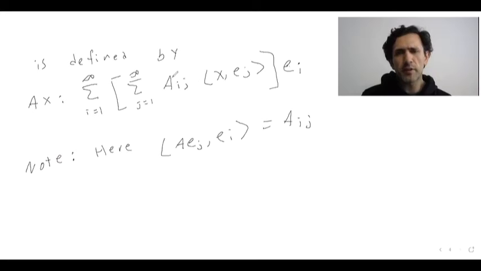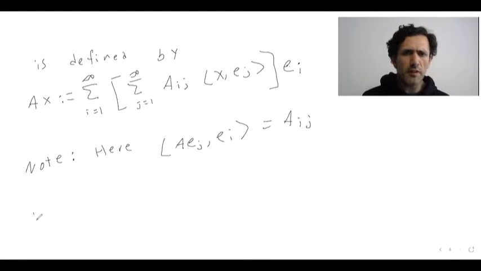Here we're saying, in fact, if we just have complex numbers Aij where this is true, then the operator Ax defined by this sum here is bounded, and in this case, Aij is actually the matrix of A with respect to this orthonormal basis ei.